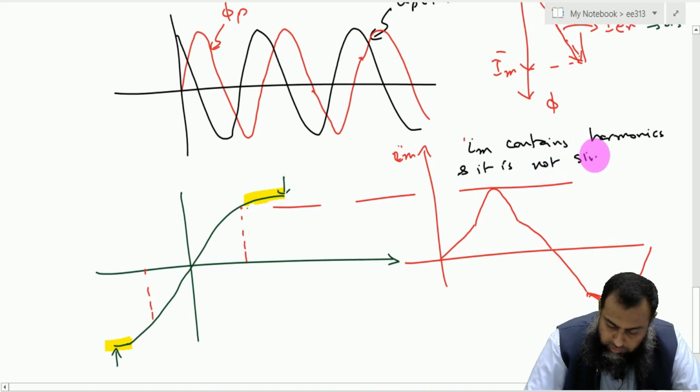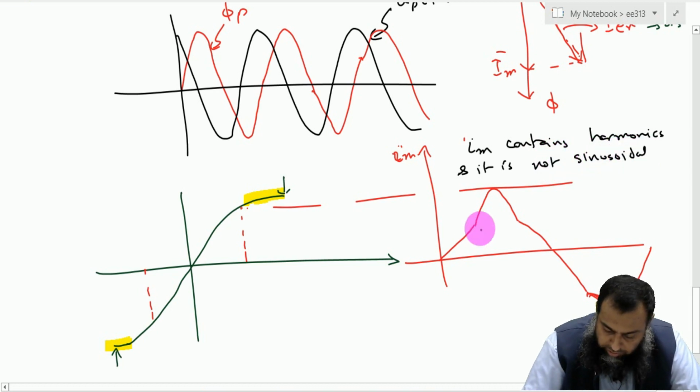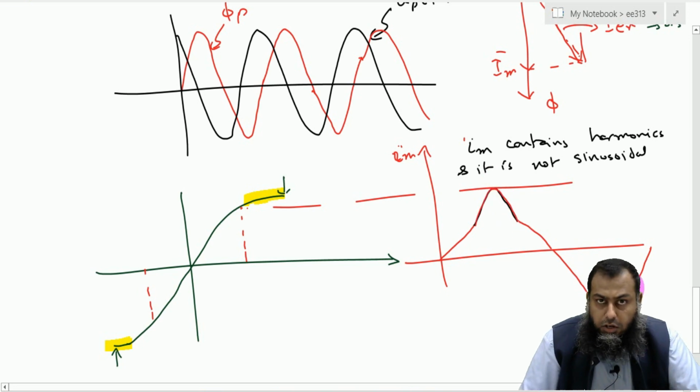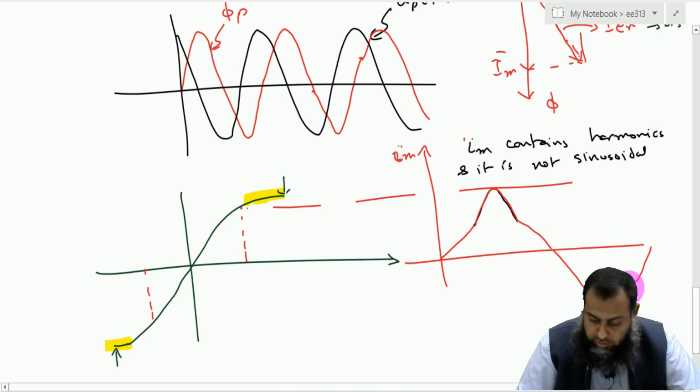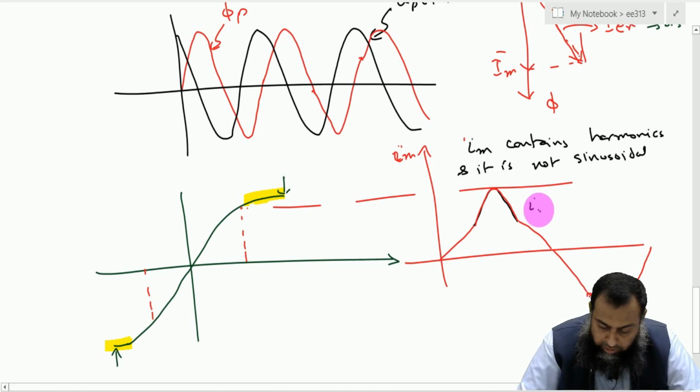You can see here that we have some distortion, particularly in this area and in this area. However, the good thing here is that this is actually symmetrical, such that we have I0(t plus pi) equal to minus I0(t), such that this is actually a symmetrical signal.